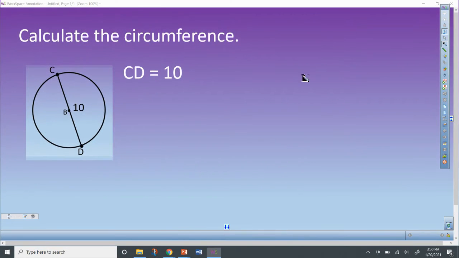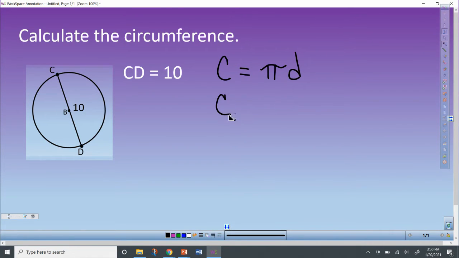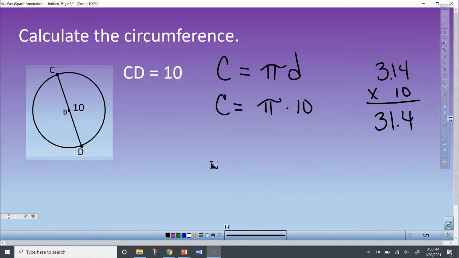So if we use our formula, C equals pi d, then we would get pi times 10. And so then you would just do 3.14 times 10. And you get 31.4. So our circumference is 31.4 units, because there's nothing written there.